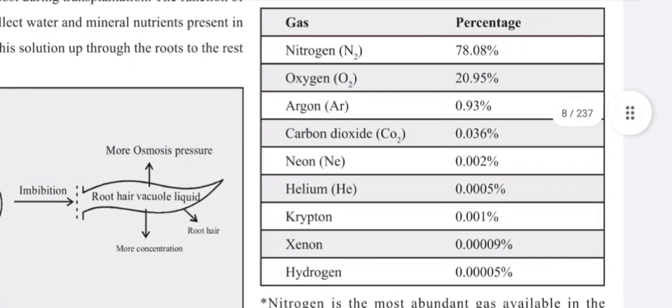Gas and percentage: nitrogen N2 78.08%, oxygen O2 20.95%, argon Ar 0.93%, carbon dioxide CO2 0.036%, neon Ne 0.002%, helium He 0.0005%, krypton Kr 0.001%, xenon Xe 0.00009%, hydrogen 0.00005%.